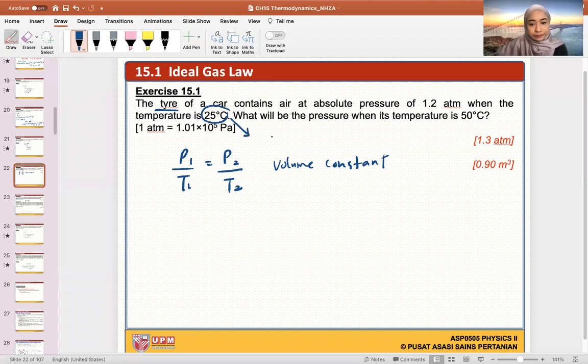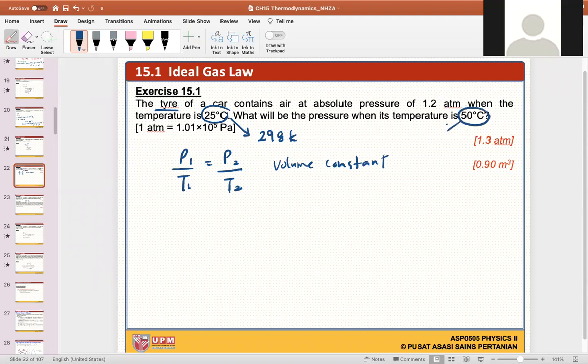Which is? 298. 298 K, okay. And 50 is equal to 323. 323, okay, alright. Then the atm I convert to Pascal.